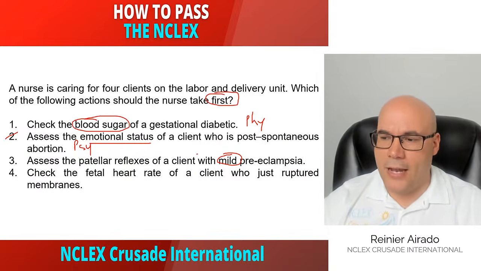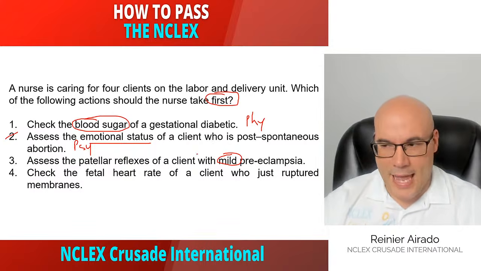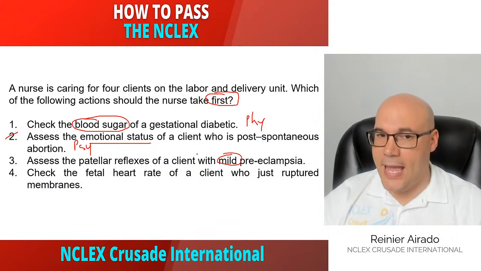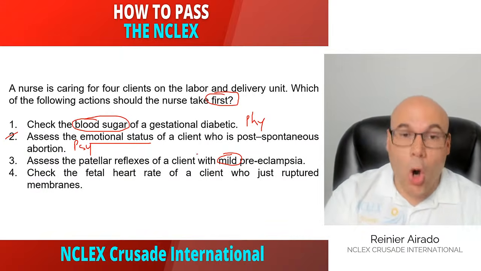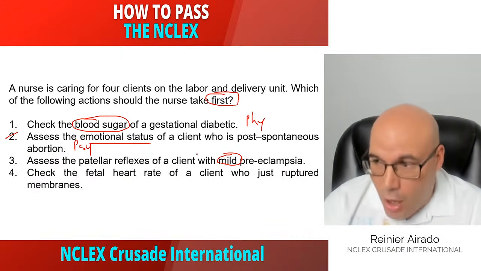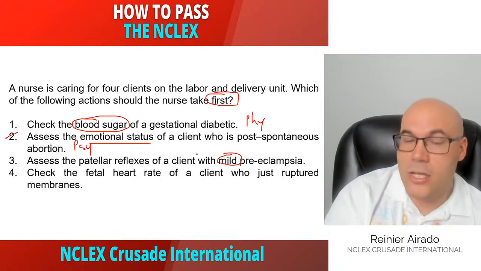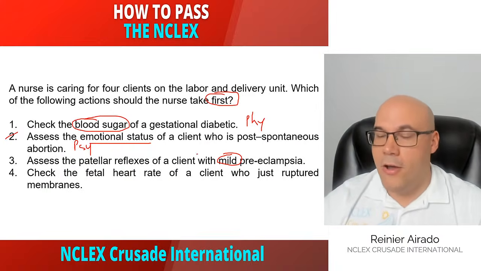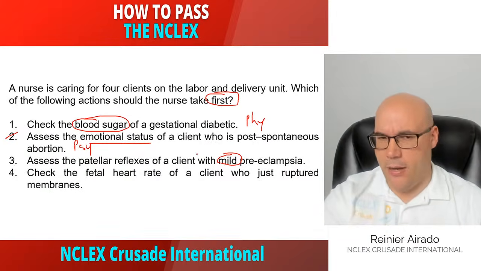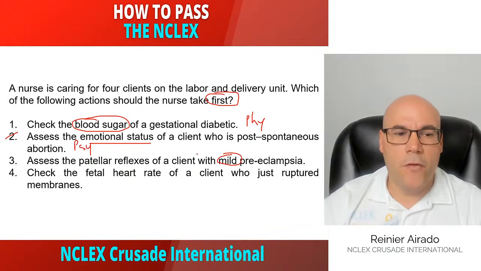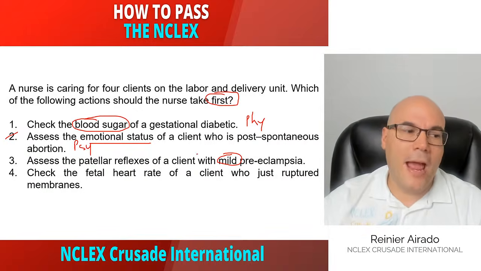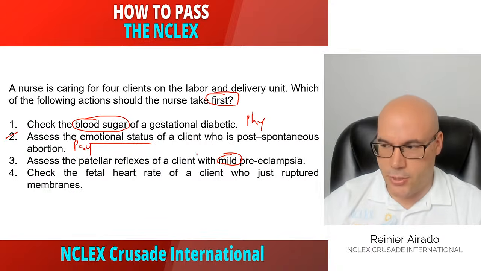They both have a diagnosis, and neither of them indicates any actual problem at this moment or complications of gestational diabetes or complications of preeclampsia. So I will leave 1 and 3 there. I'm not going to do anything with them yet. I want to look at answer number 4 first before I make a final decision.